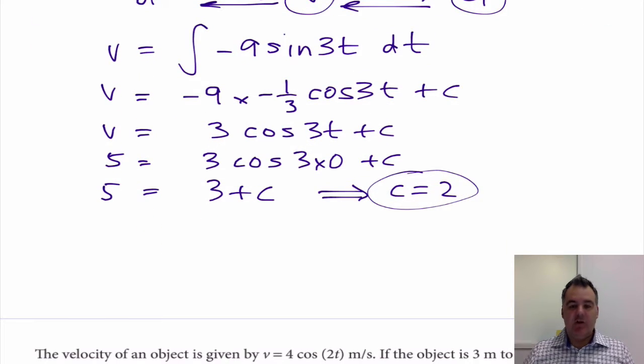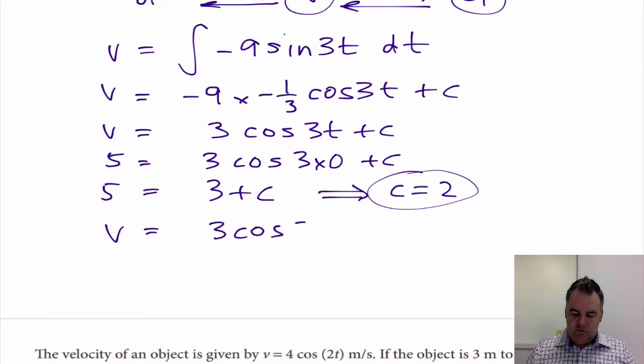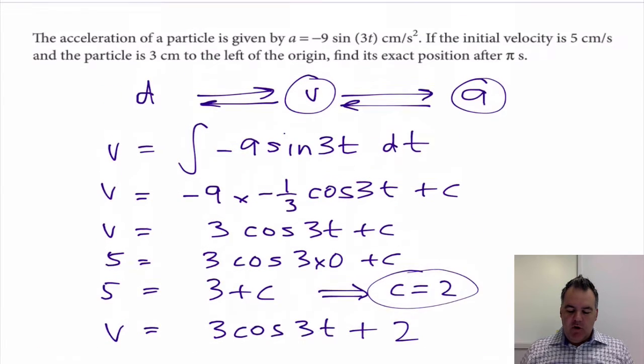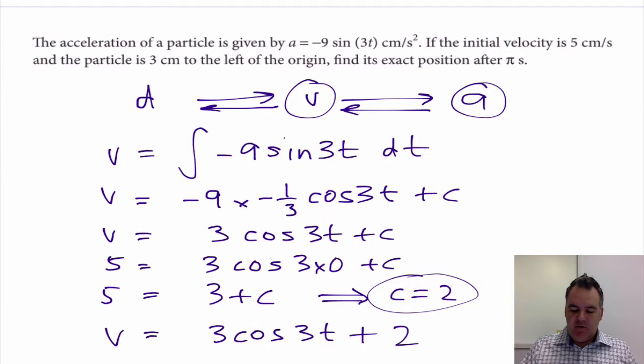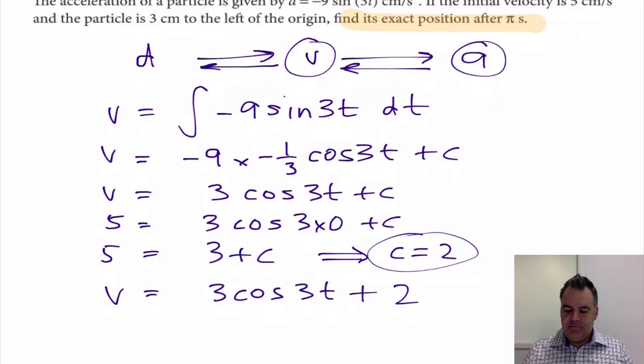So now we've got an expression for the velocity. The velocity is 3 cos 3t plus 2. Great. Now we want to know the position of the particle. That's what this question is really asking us, the exact position of the particle. So we can work out the position of the particle at any time here. We just need to do another step, which is integrate this one.